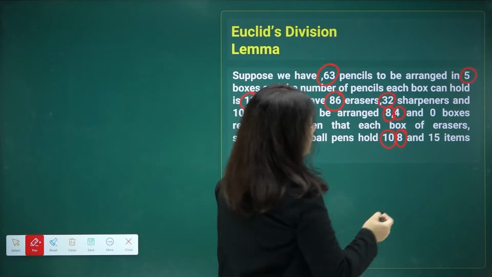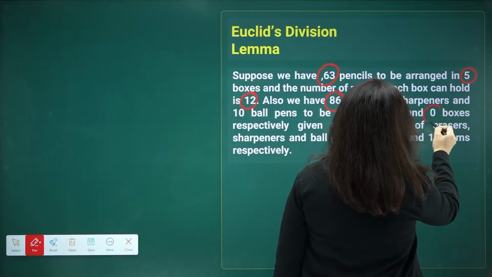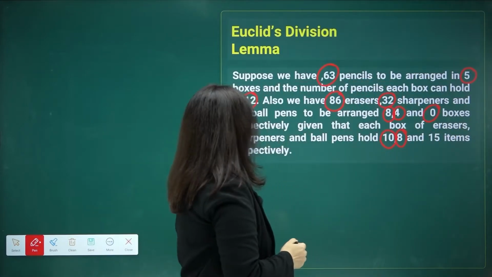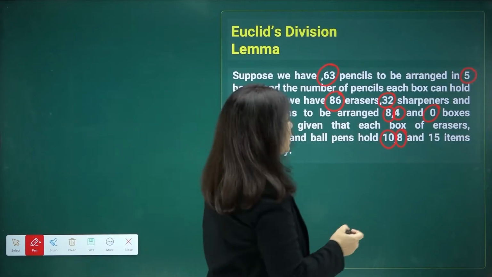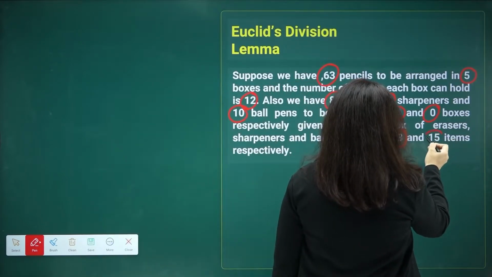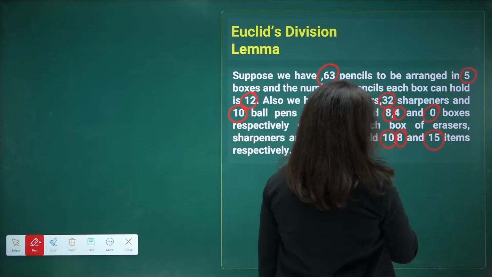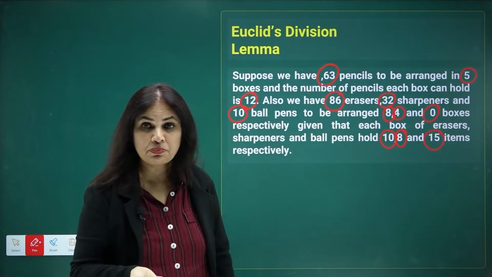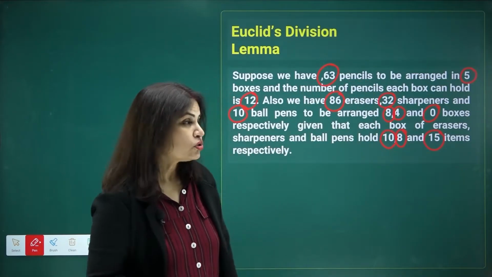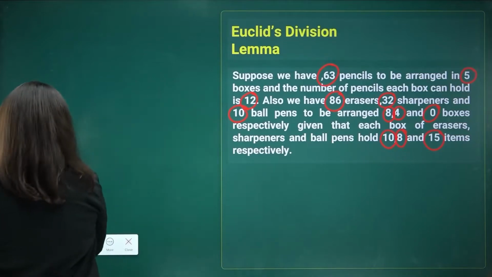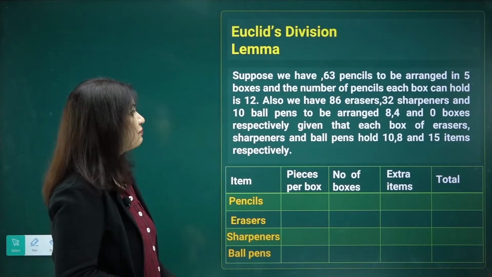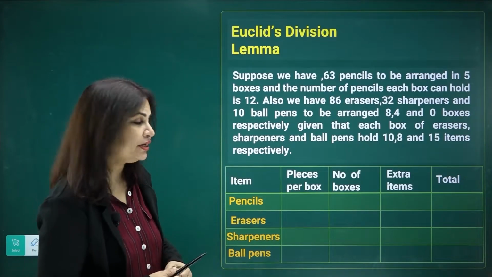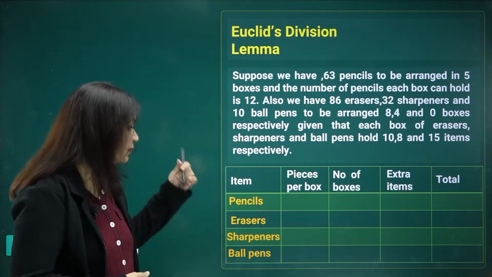We have 0 boxes for 10 ball pens, they have to be kept loose, and the capacity of each box, if it was there, was supposed to be 15. So if I arrange it in the form of a table, because all these numbers are looking very complicated, let us tabulate them in a systematic manner.